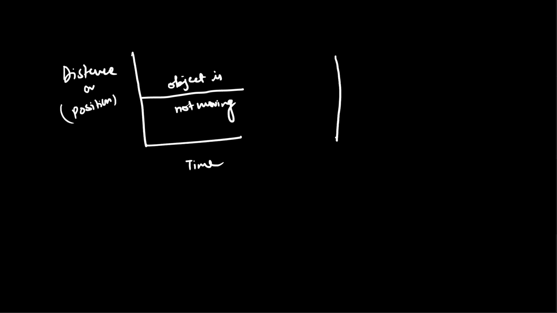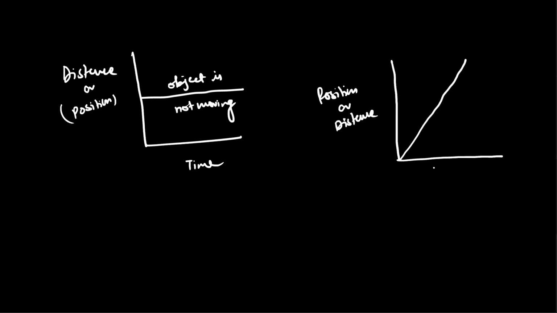And if you have a position or distance time graph and it is a straight line like this, the object is in uniform motion.